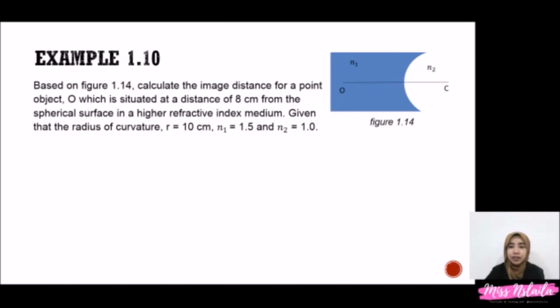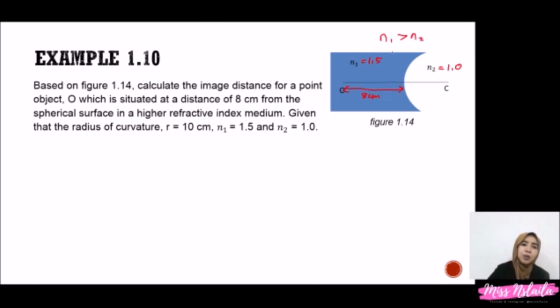From this figure, the object is 8 cm from the surface. The incident ray comes from this object, so this one will be N1, and N1 is greater than N2.